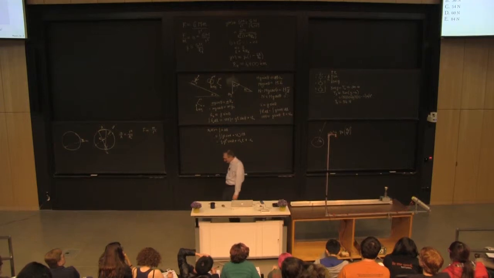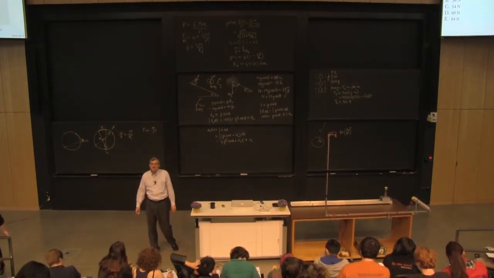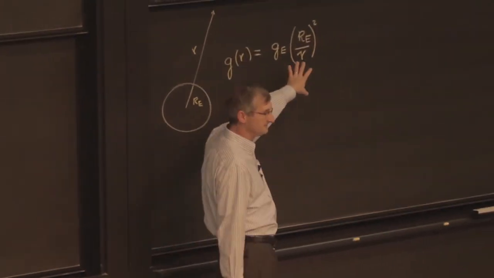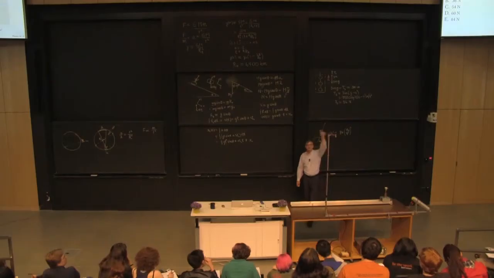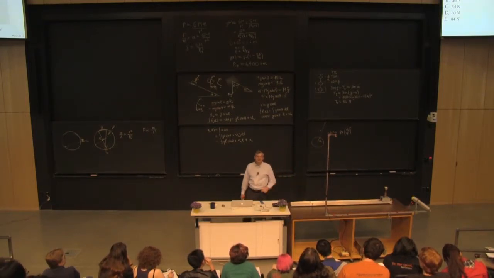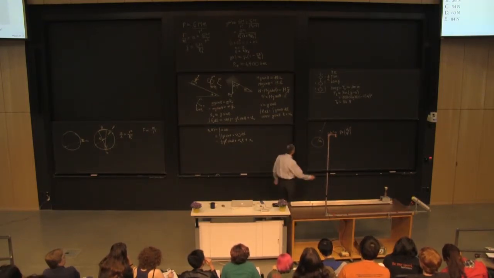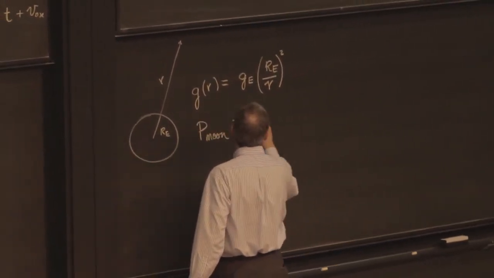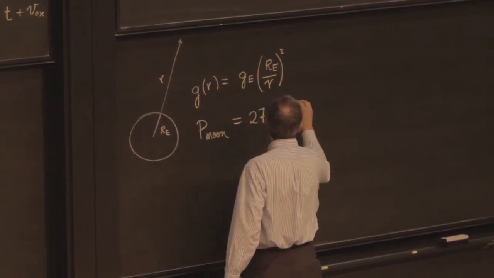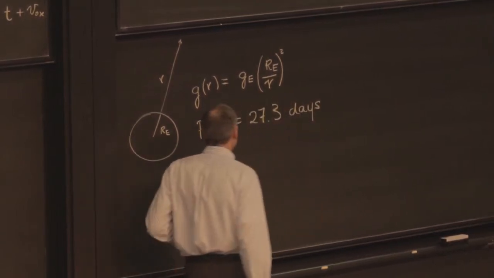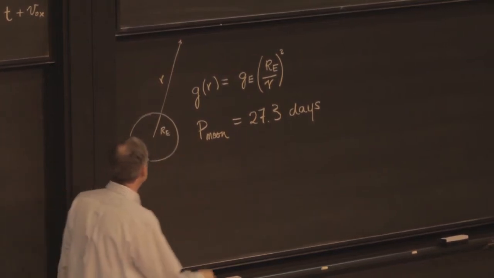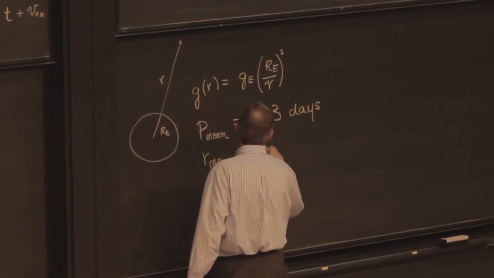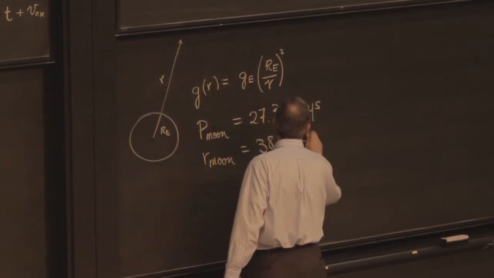So the question is, what do we know about the moon to see whether its acceleration agrees with this expression? So how long does it take the moon to orbit once? Yeah, so the period, and the distance to the moon is 384.